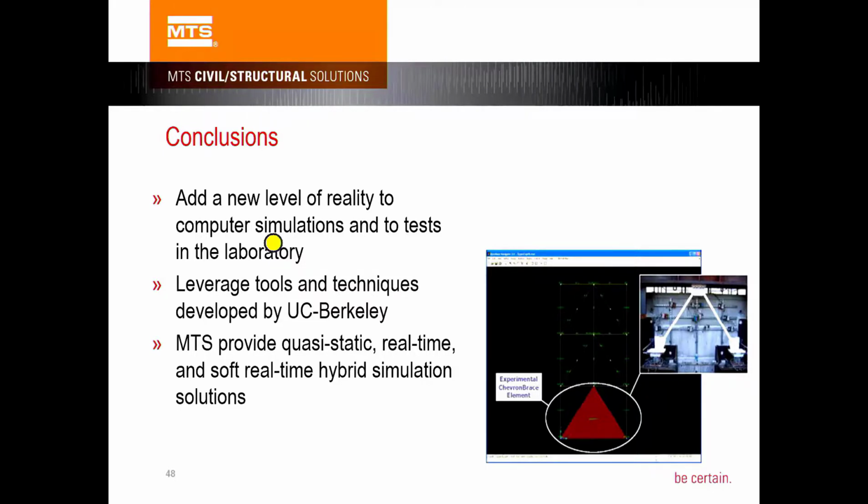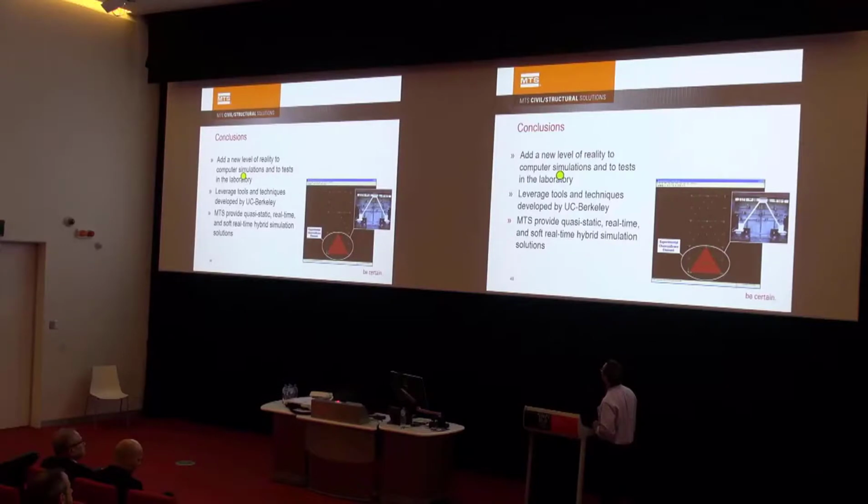We want to help our customers implement those solutions and be successful in hybrid simulation, not only in civil structures but in aerospace, wind energy, ground vehicles, and anything else you are working on. So that's my presentation, and any questions?